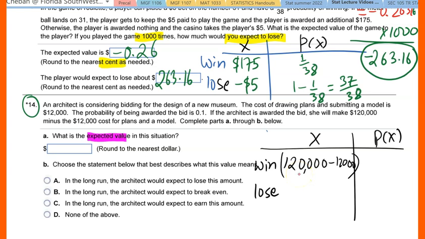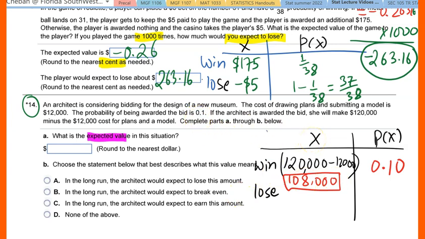Subtract, this gives you 108,000. That is the X outcome when she wins, and the chance of that outcome is 0.10.